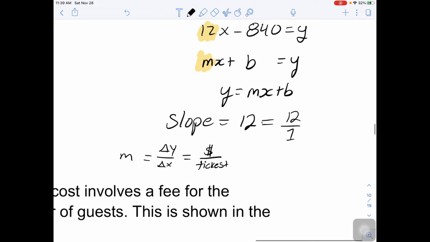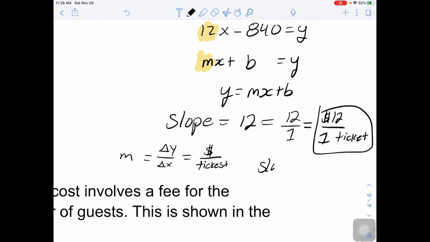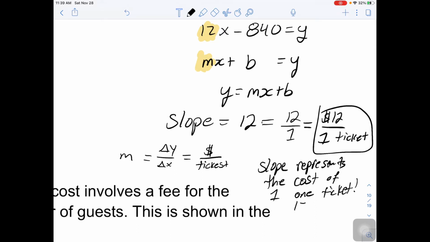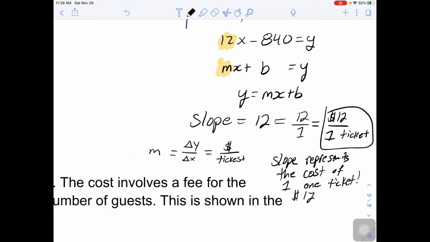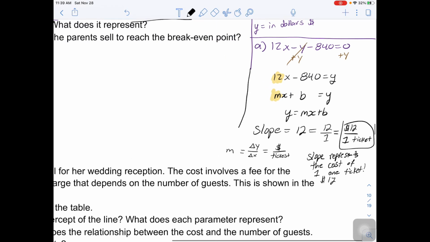So here our slope has a meaning. This is $12 for one ticket. So slope represents the cost of one ticket, which is 12 bucks. Okay, so there is now slope being given some context here.